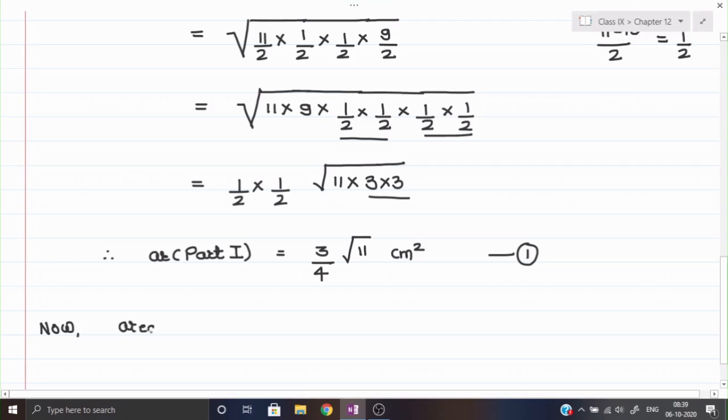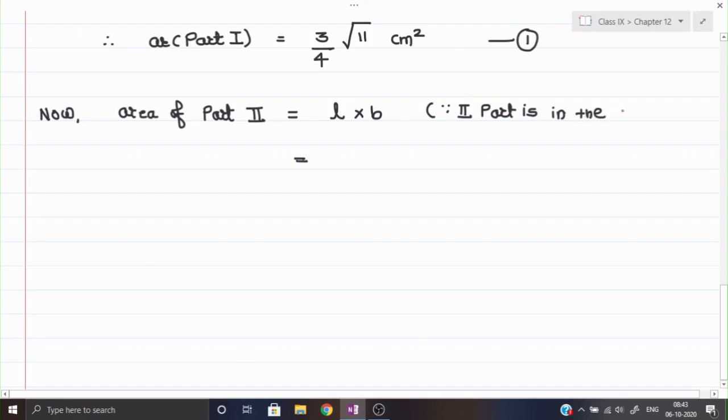Area of the second part is equal to length into breadth. Since the second part is in the shape of a rectangle, therefore we can apply the formula L into B. Now what is the value of L given there? 6.5, and the value of B is given there as 1.